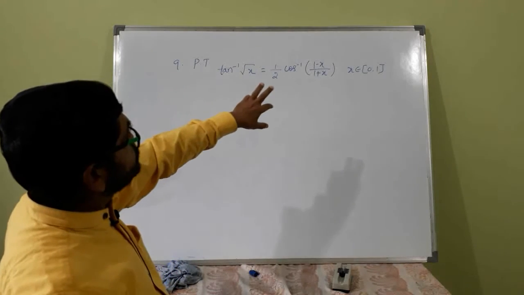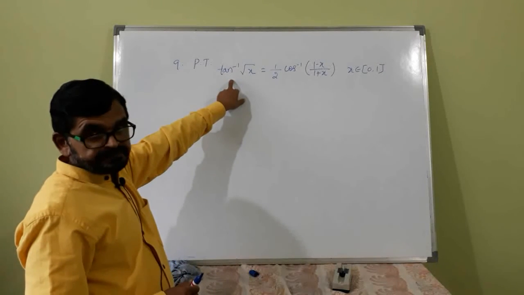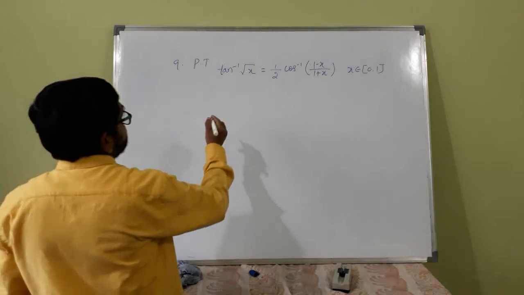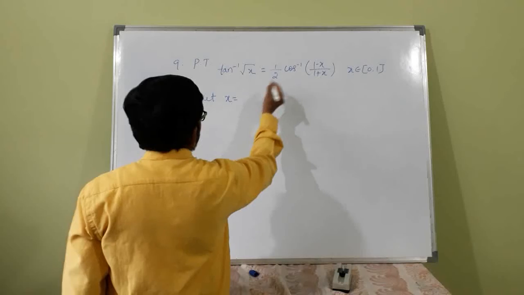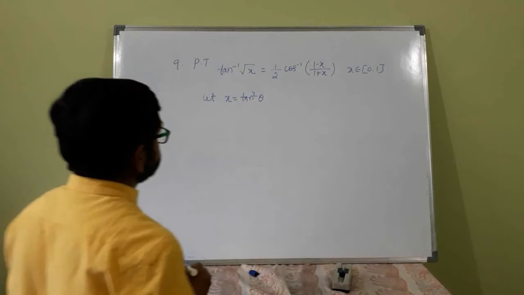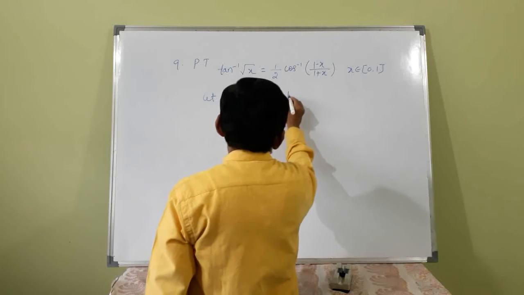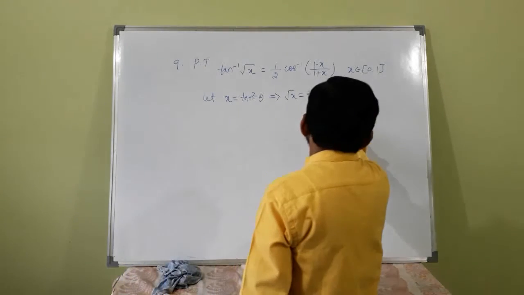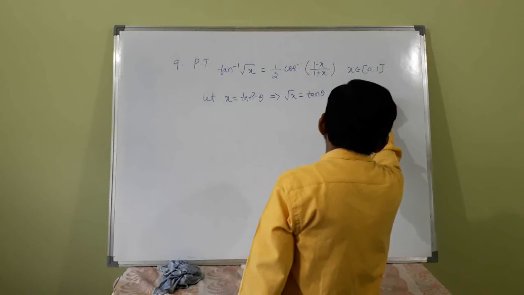So 1 by 2, 2 gets cancelled, the answer will be theta, and that is nothing but tan inverse of root x. Let x is equal to tan squared theta. That implies root x is equal to tan theta, or theta is equal to tan inverse of root x.